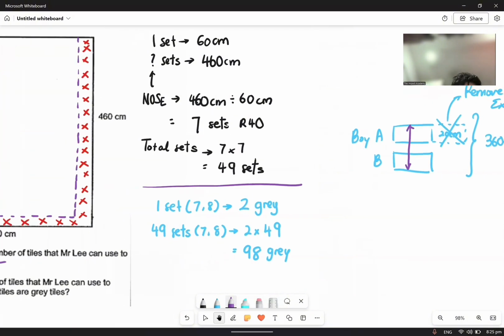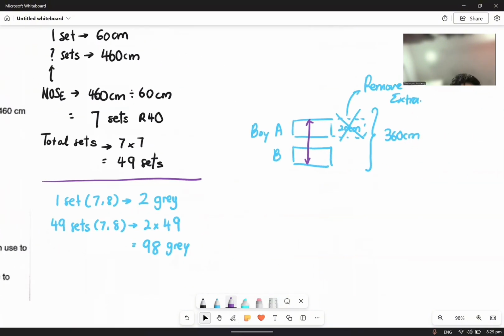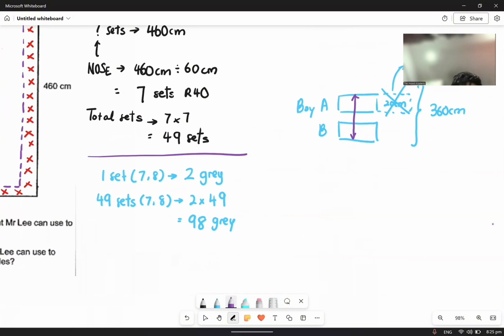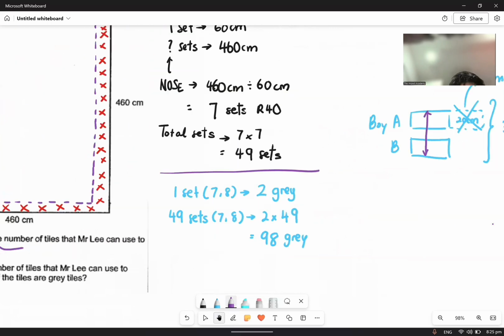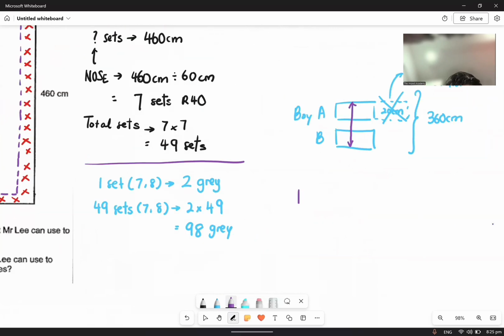Agree? So in this situation, one window will have something like this, and then there's this extra thing that I'm trying to remove, which is the gray. The 2 gray that was stuck together.